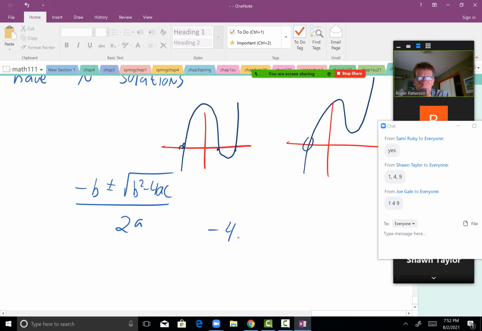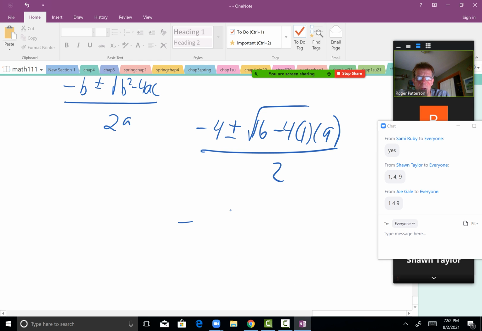Negative 4 plus or minus square root 16 minus 4 times 1 times 9, all over 2. Negative 4 plus or minus, 4 times 1 is 4, times 9 is 36. But 16 minus 36 is negative 20.